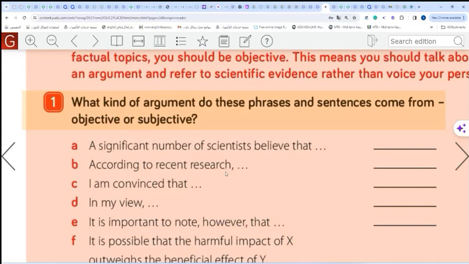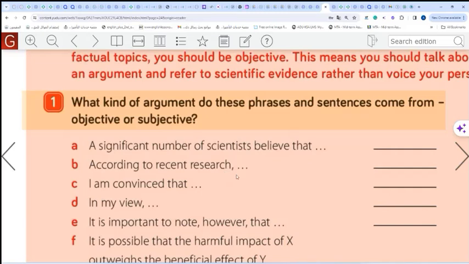Number E. It is important to note, however, that, again, it's important to note, also. However, that, okay, we are going to check. What about if you say maybe subjective maybe or objective? Yes. So let's check.